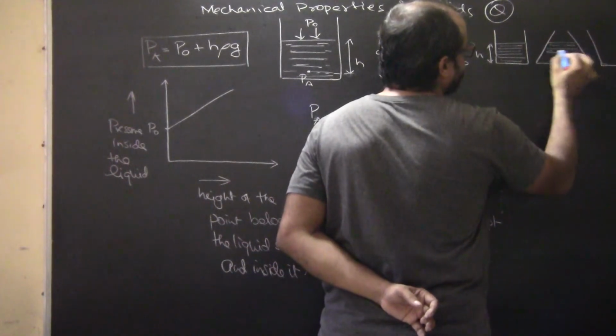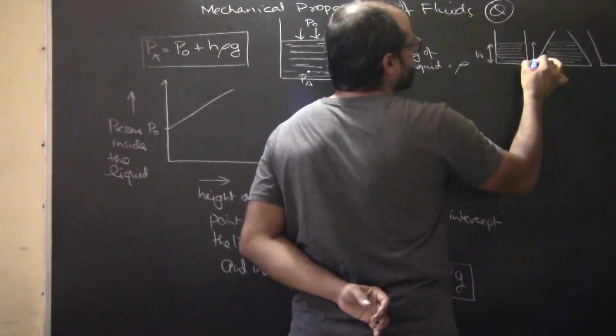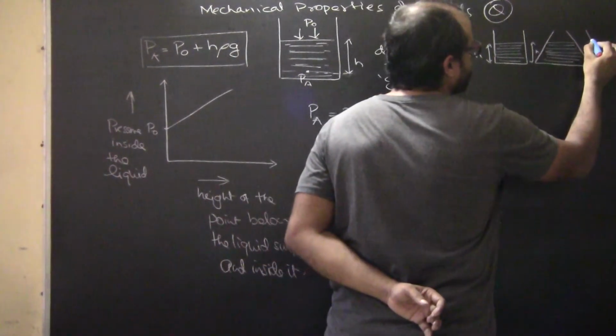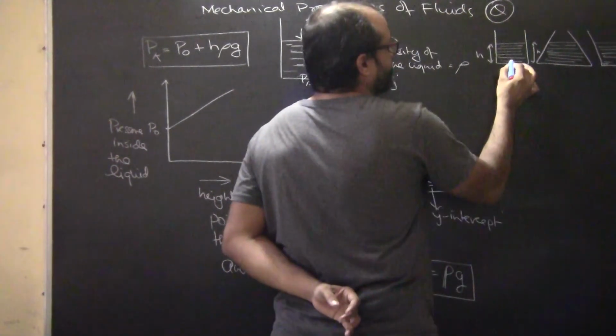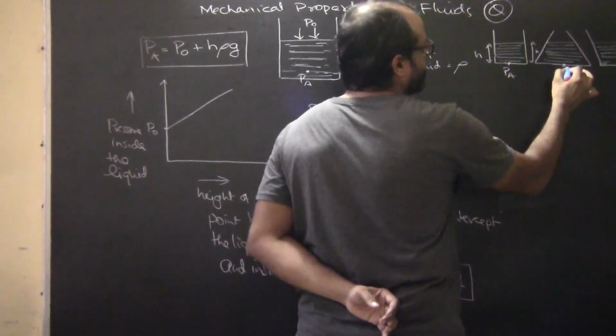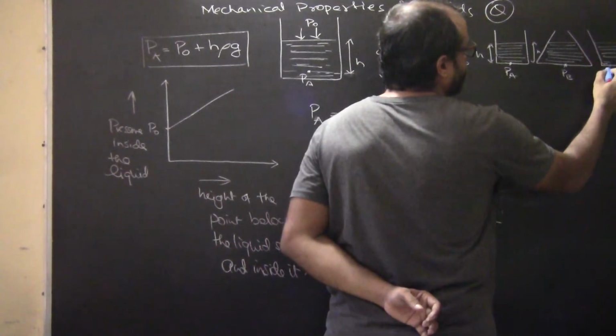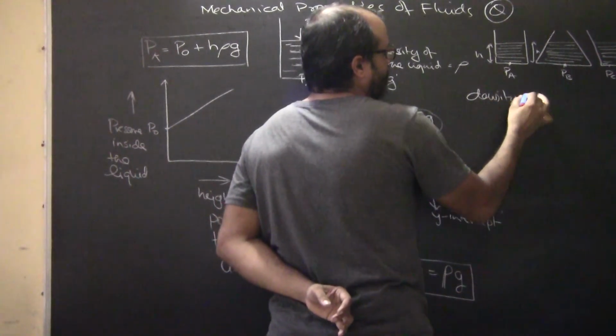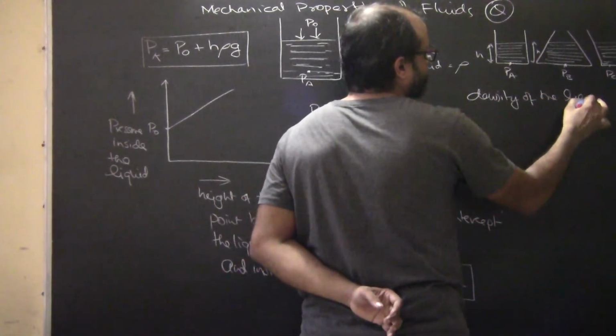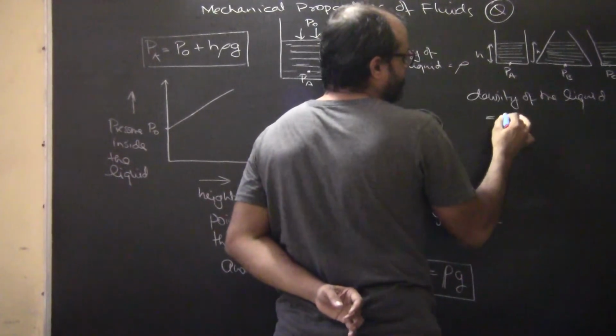We have pressure PA here, pressure PB here, and pressure PC here. The density of the liquid is the same, that is rho.